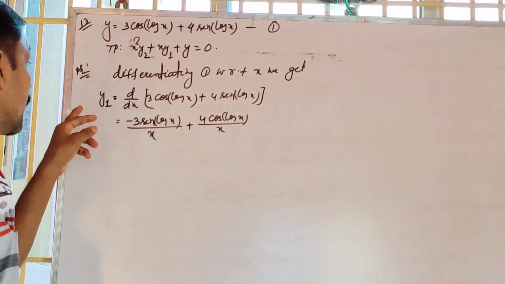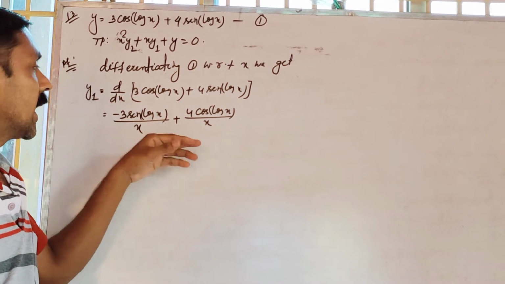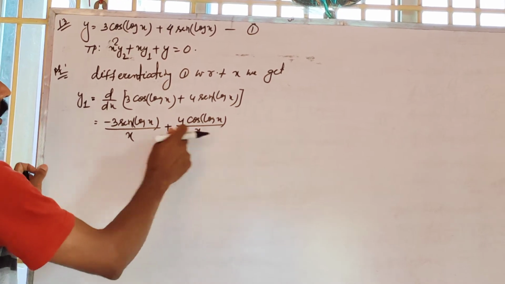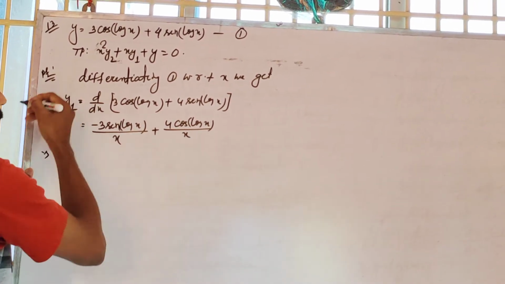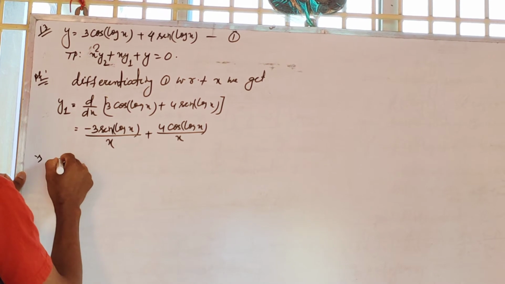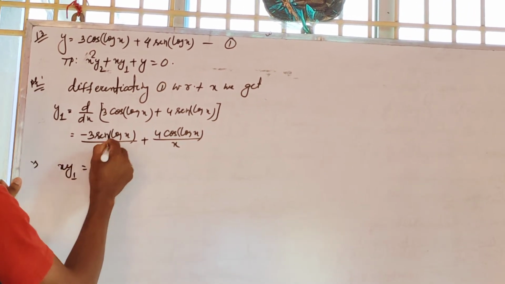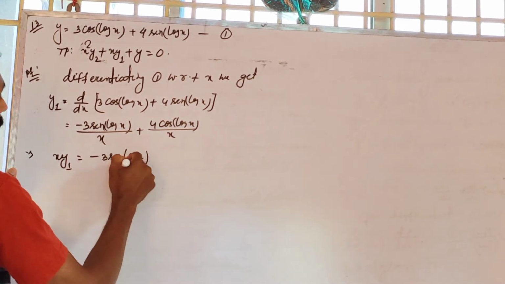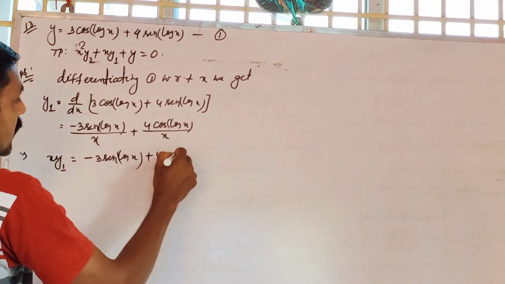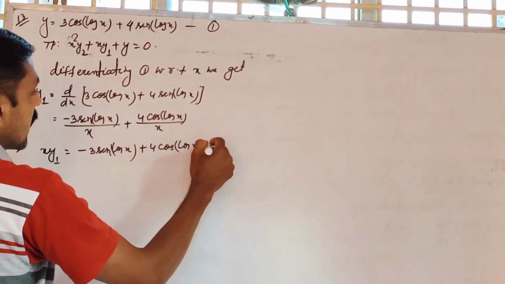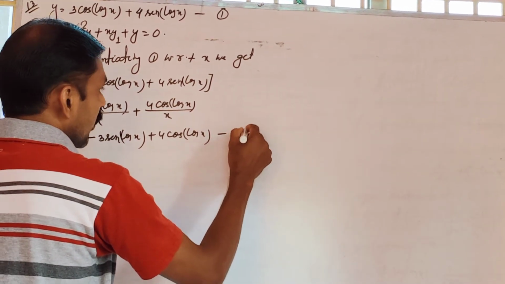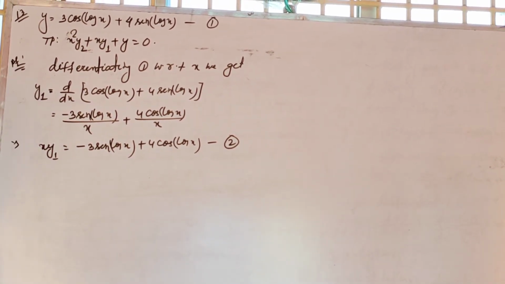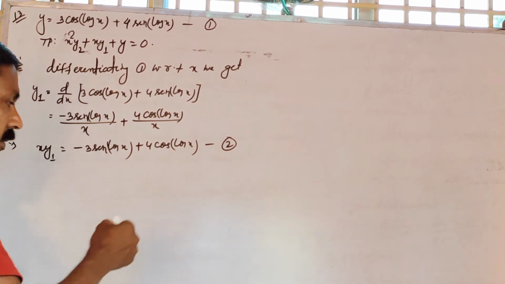Otherwise, when you take the second order derivative, again you have to use the quotient rule and it will be complicated. So here the denominator is same, so we will cross multiply. It will become x y1 equal to minus 3 sin log x plus 4 cos log x, and now you give it number 2. Then again you have to differentiate it to get the second order derivative.